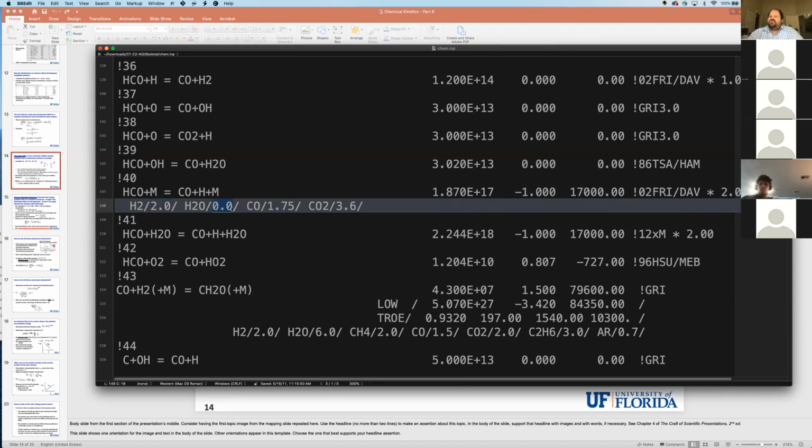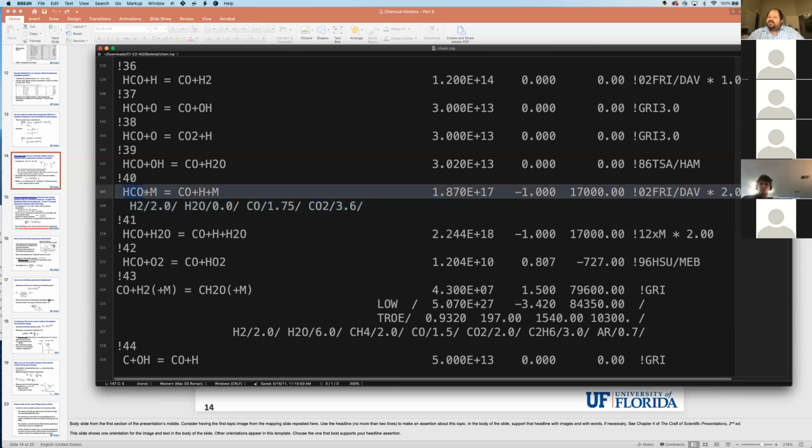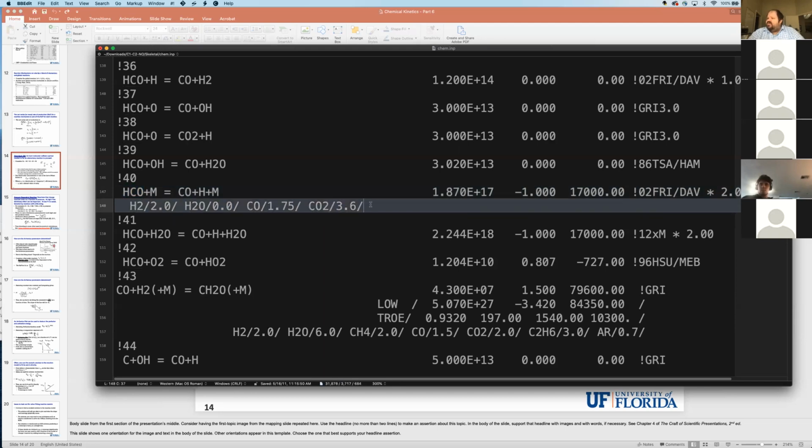This is saying that H2O for some reason has an efficiency factor of 0. What I'm guessing is that if H2O is the colliding partner, it will actually react with this, rather than act as an inert collision partner. And so if you are looking at a ChemKin file, you can basically see this.